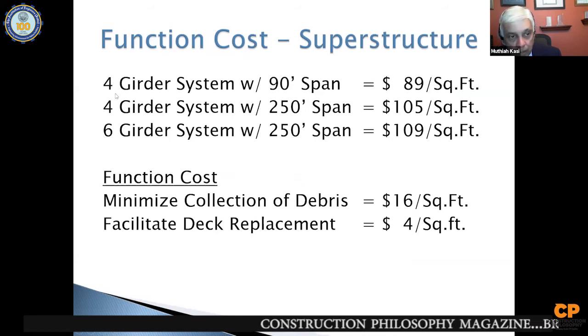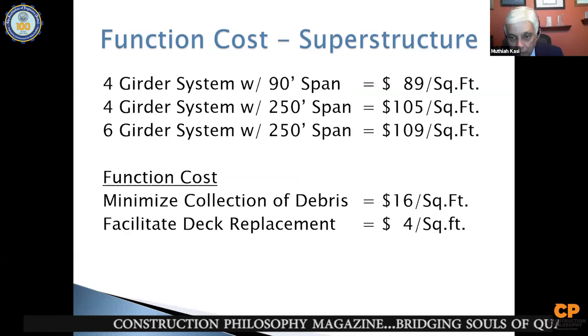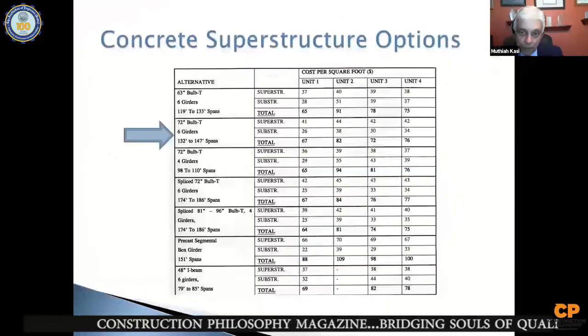And then instead of 4 girder, in the future, they're going to do half-width construction of a deck. The 4 girder system you cannot do because 2 girder is not done. So we increased to 2 more girders. So $4 per square foot would facilitate future deck replacement. So that's a function. So I'm glad I took this to show.